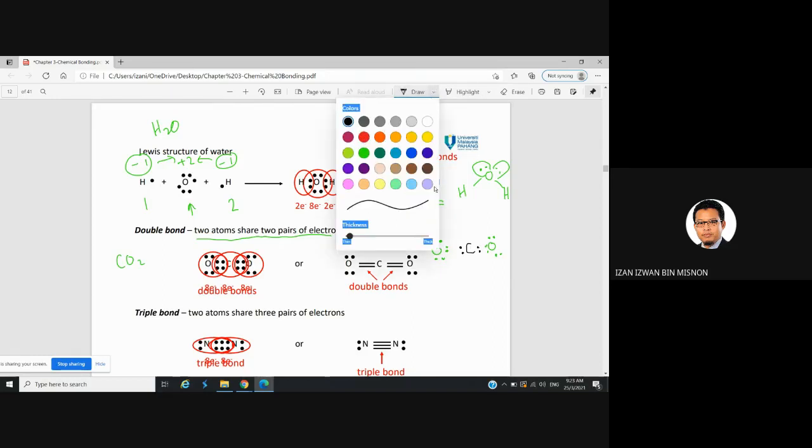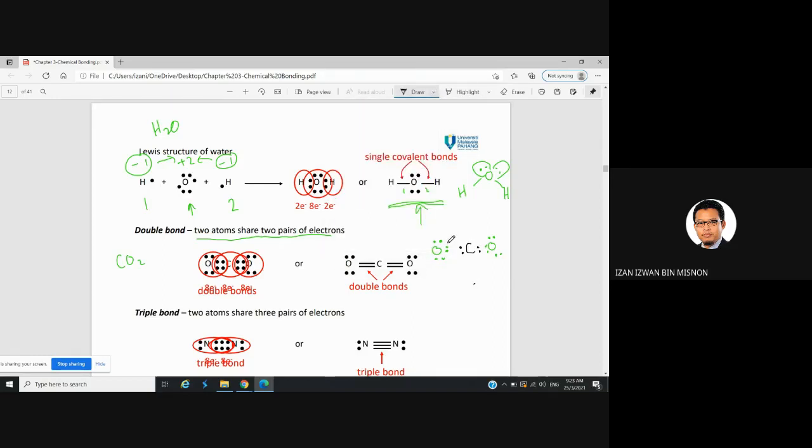What will happen is that 2 electrons from each oxygen will be shared with the carbon. So that at the end, we will have double bond formation in carbon dioxide.